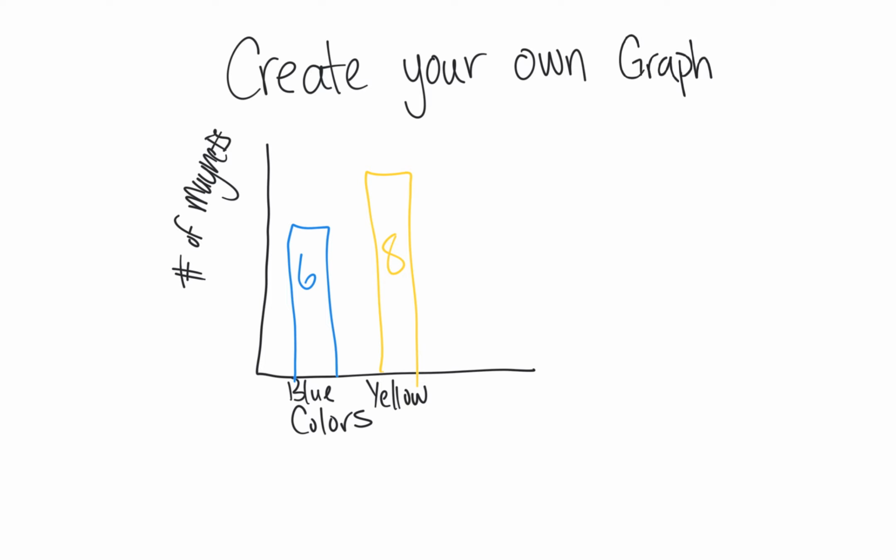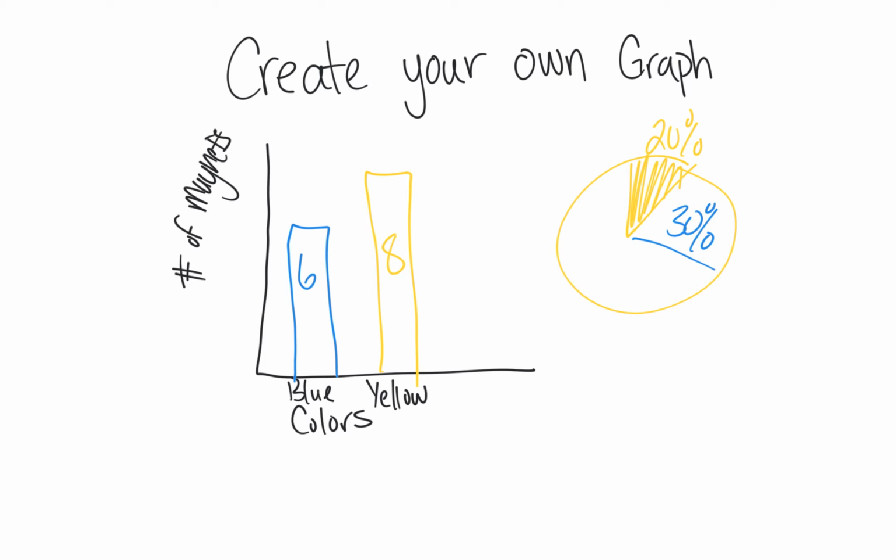Or if you want to go beyond that and do a percentage, you could talk about a pie chart, where you could say something like 20% of the magnets are yellow and 30% are blue, and then you would fill in the pie chart with each of the colors.